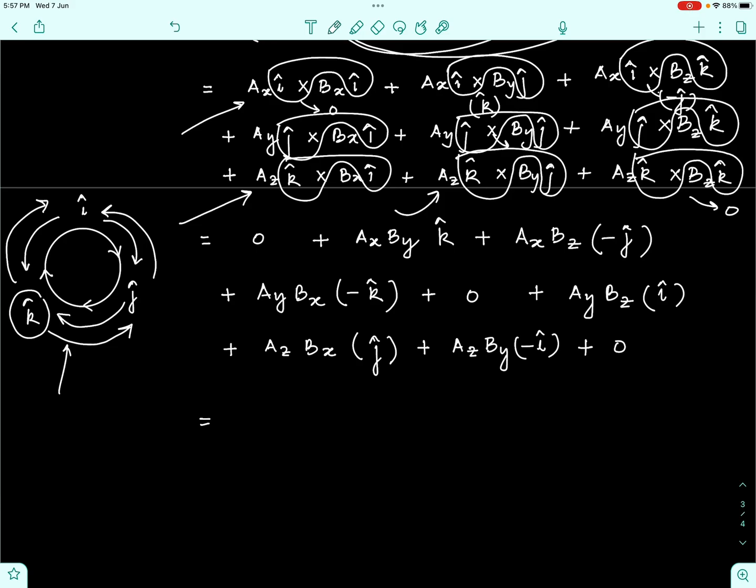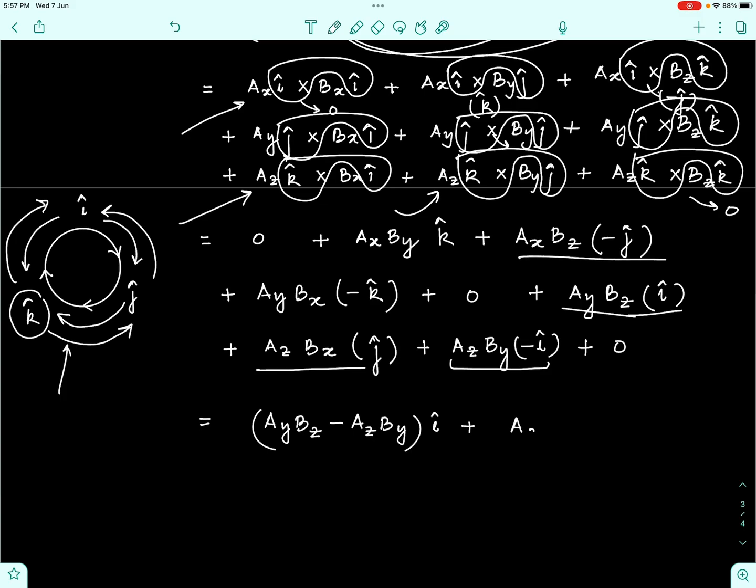So let us contain the I cap terms together, the J cap terms together, and the K cap terms together. First, the I cap terms, this is a term containing plus I cap and this is containing minus I cap. So we can write AYBZ minus AZBY into I cap, right? Next set of terms containing J cap and minus J cap, this one and this one.